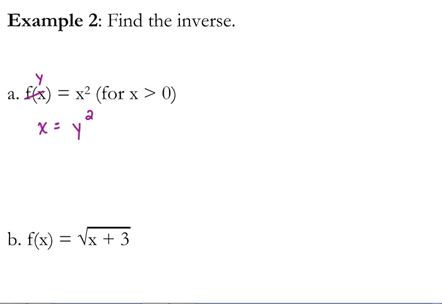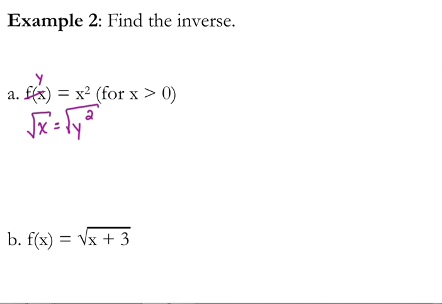We need to solve for y. Y needs to be by itself. Right now it's being squared. What's the opposite of squaring something? Square root. What are we supposed to remember when we take a square root? What little detail are you supposed to remember when you take the square root of a number? What's the square root of 4?